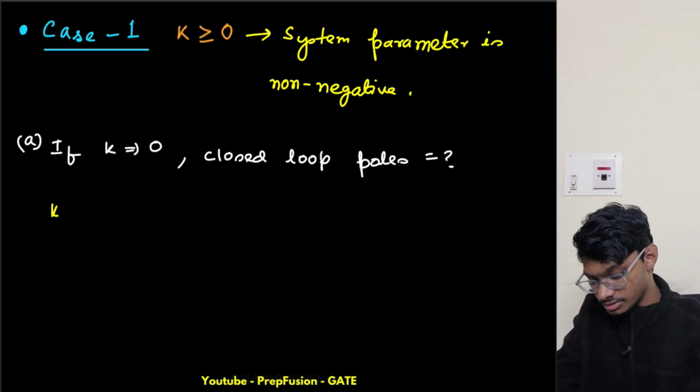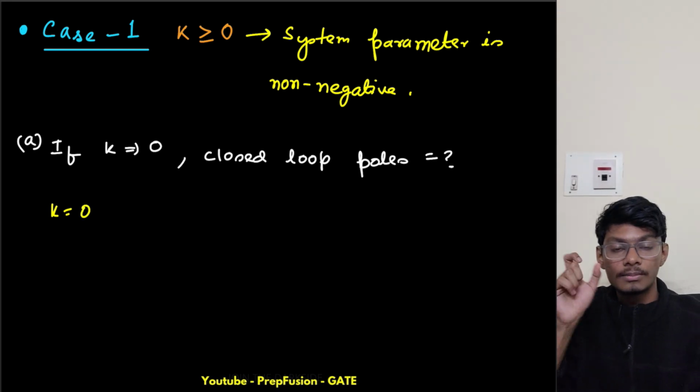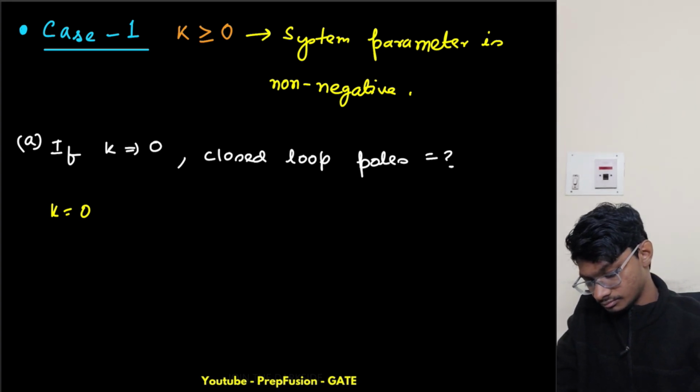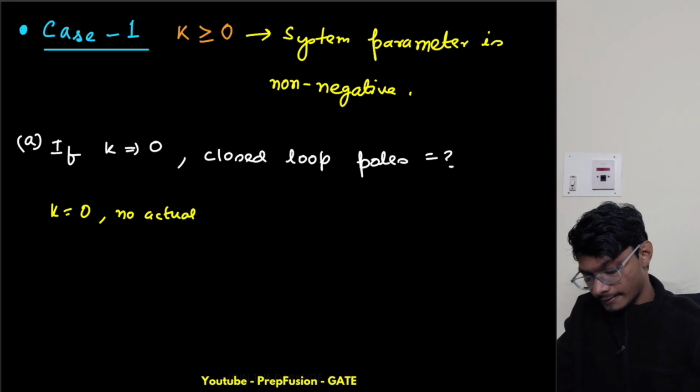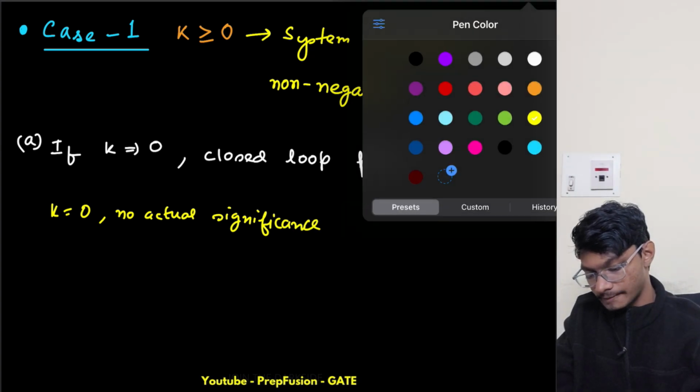Why? Because the system will be gone. This is just for plotting the root locus.